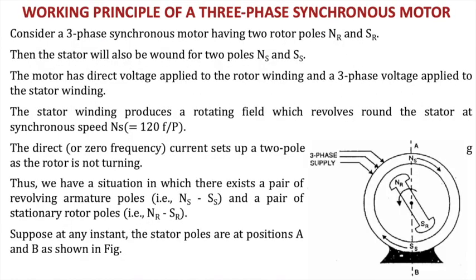So what is the working principle behind a synchronous motor? Suppose, for example, we have taken a two-pole machine. The stator is wound for two poles, a three-phase winding is placed, and the rotor also has two poles, and DC is applied to the rotor.